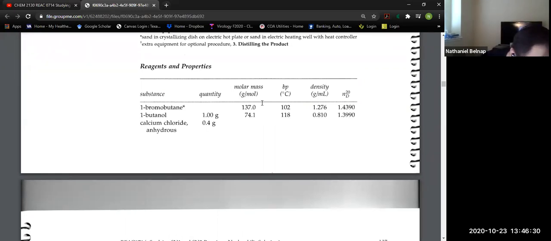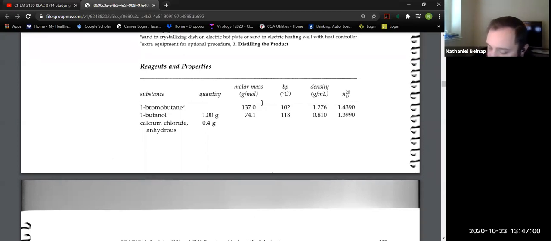And you get 1.835, so about 1.84 grams. That's your theoretical yield. That's how much you would have if this reaction were to go to completion.